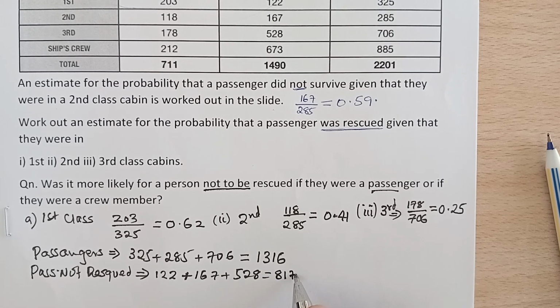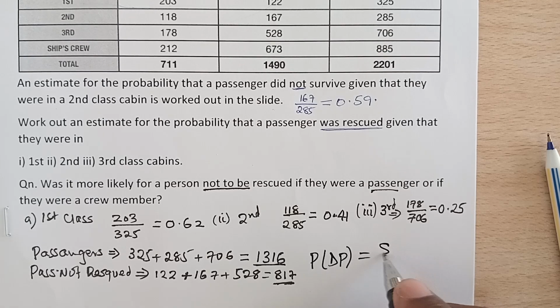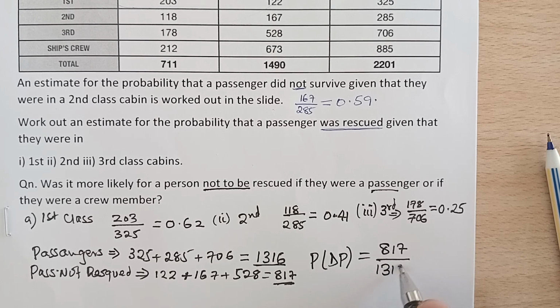So the probability of a passenger having died is the total number of dead passengers divided by the total number of passengers on board, 1,316.